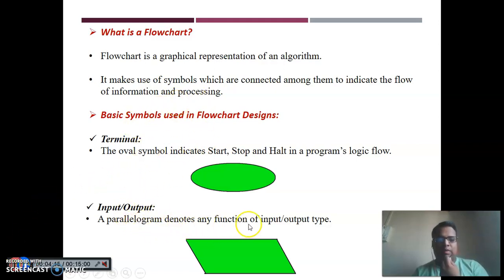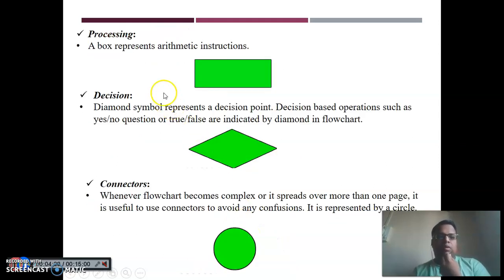A parallelogram denotes any function of input and output type. Processing, a box represents the arithmetic instructions. Decision, a diamond symbol represents the decision. The decision-based operations such as yes, no, question or true, false are indicated by the diamond in a flowchart. Connectors: whenever the flowchart becomes complex or spreads over more pages, then we can use this circle symbol, which is called the connector. So these are the basic symbols that can be used for the flowchart.